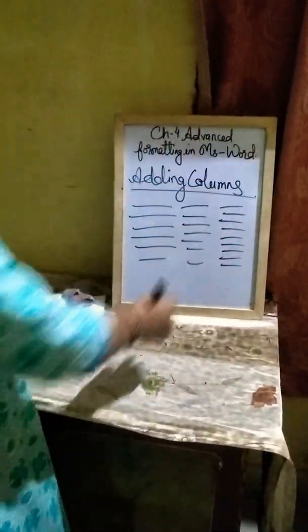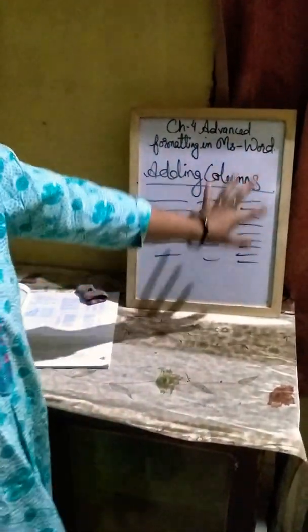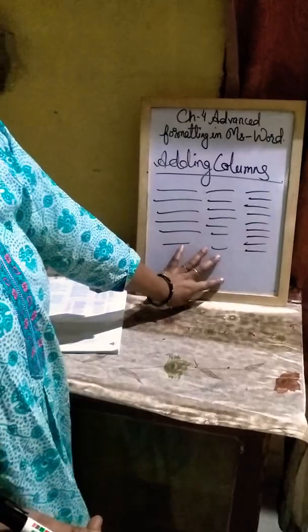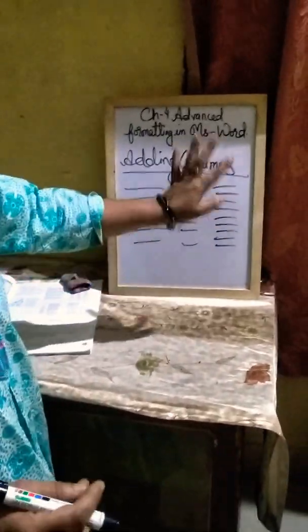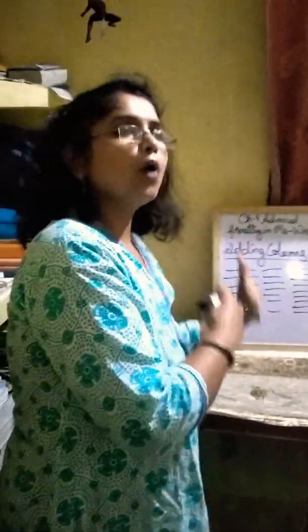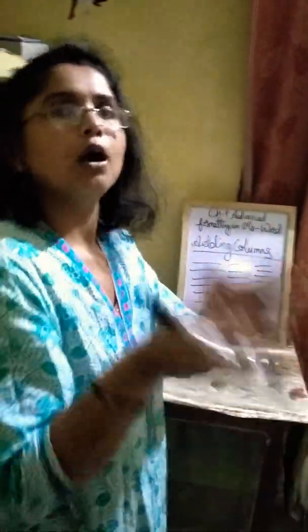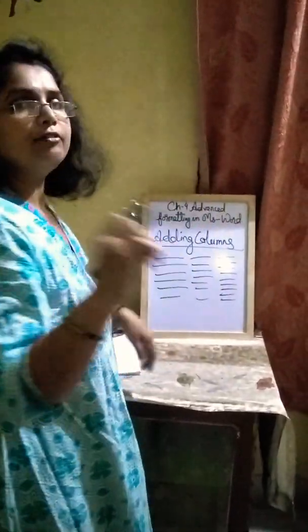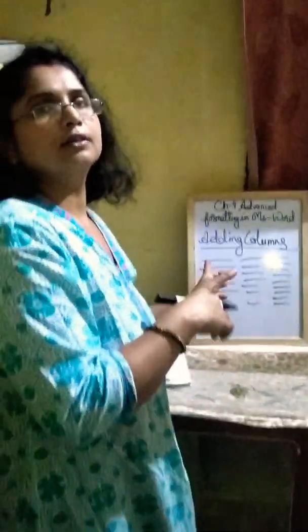All the messages are printed like this in the columns. So in Word there is a facility that you can write in 1, 2 or more columns. Okay, how will you do this? I will show you practically.